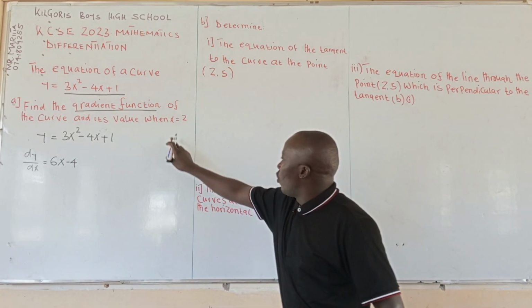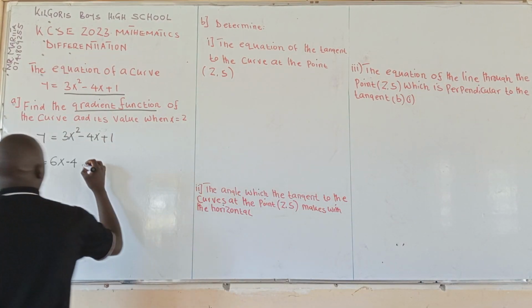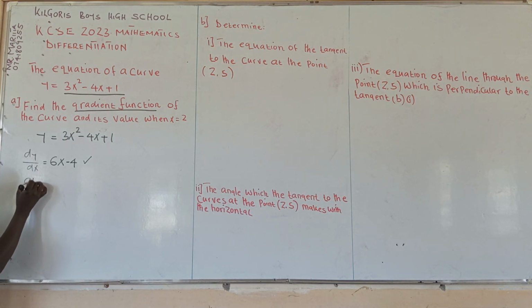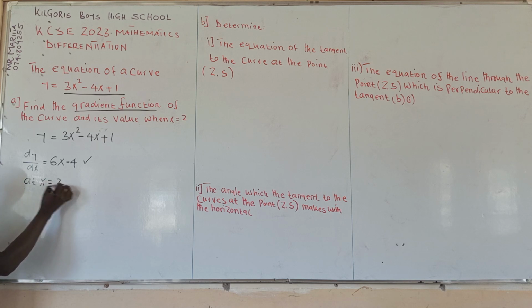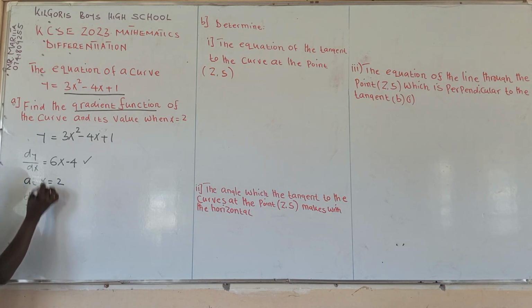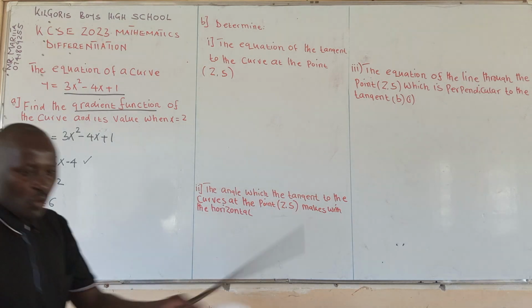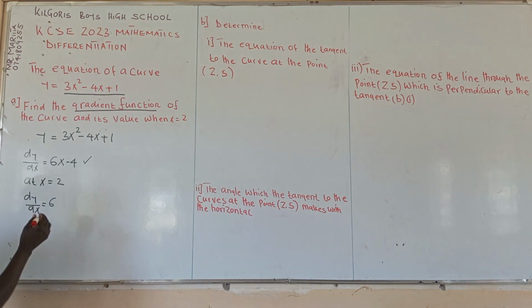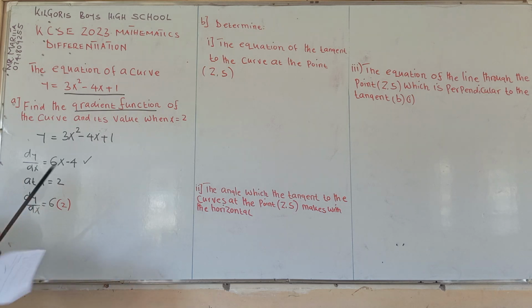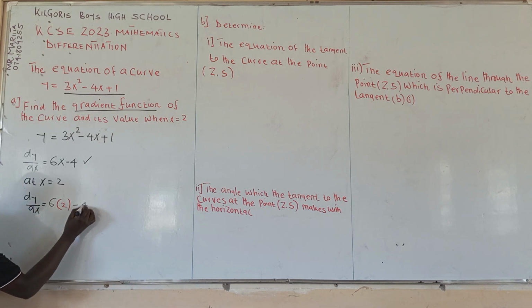Now what is the value when x is equal to 2? At x equals 2, dy/dx will be 6 times 2, because the value of x here is 2, and then you subtract 4.